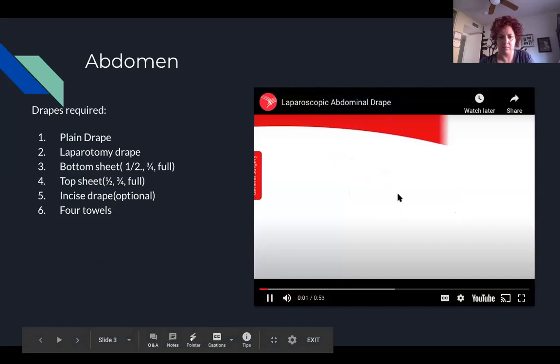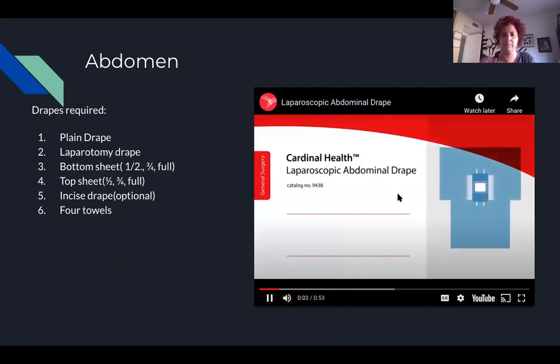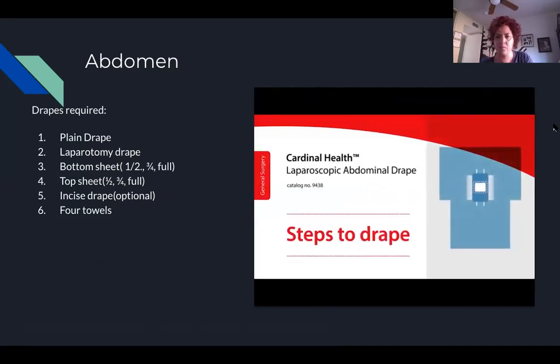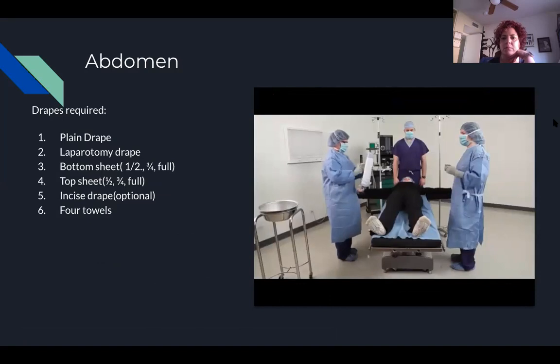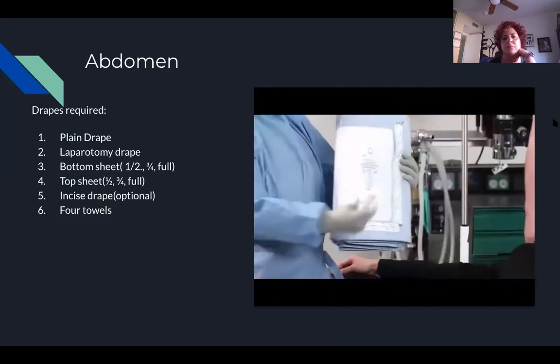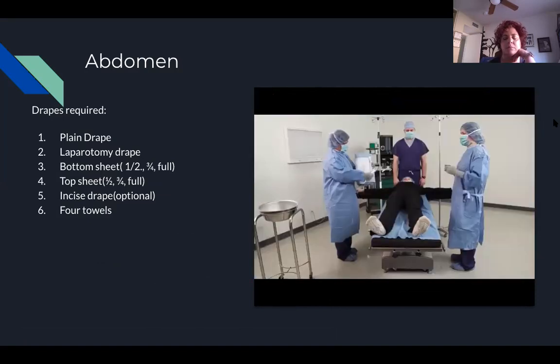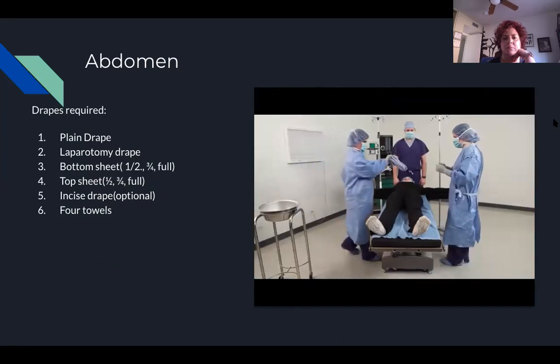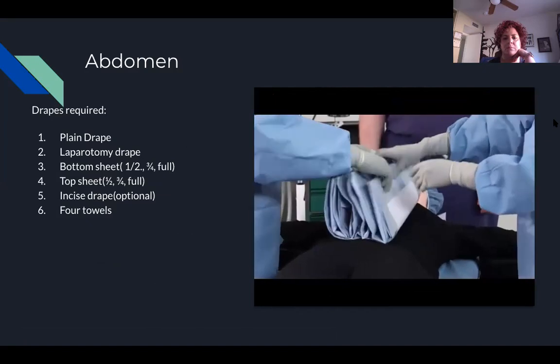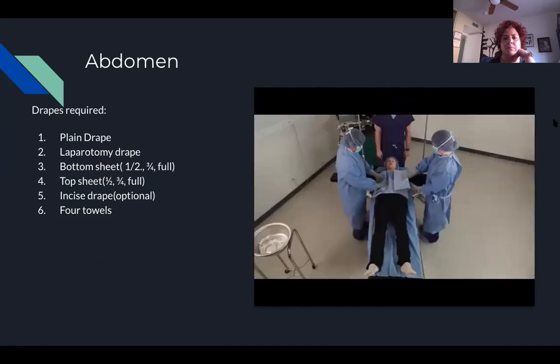The Cardinal Health laparoscopic abdominal drape is used for minimally invasive abdominal procedures that require increased cord management and fluid collection pouches. To begin, remove the release liner to expose the full adhesive. Follow directional markings and place drape in the center of the intended field. Follow the arrows and unfold to both sides.